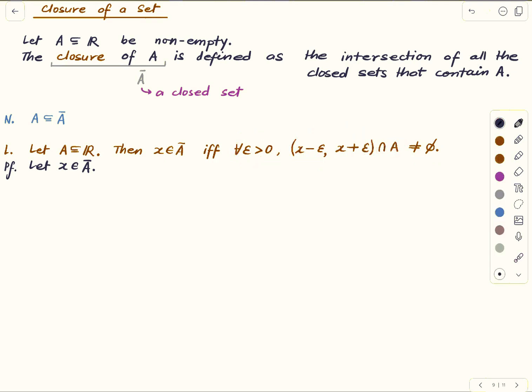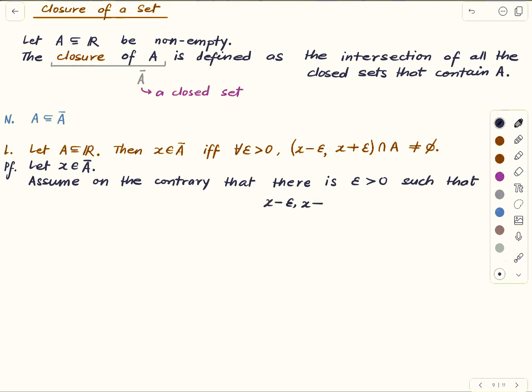So if we assume on the contrary that there is epsilon greater than 0 such that the corresponding room around X intersects A trivially. Alright, call this thing U. This is in particular an open set.